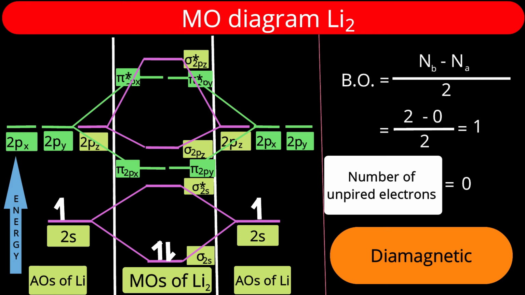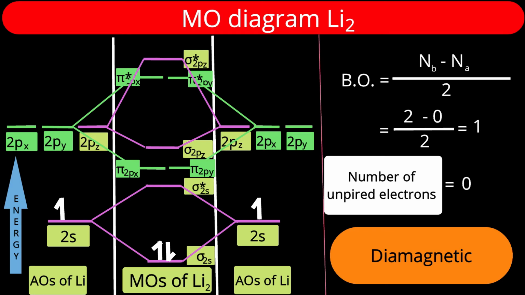So there is an exchange of wave function. It is not symmetric for the complete rotation, so it is not a sigma orbital. If not sigma, then what is the name? It is pi. Yes, the pi symmetric 2px orbital from one will interact with the 2px orbital of the other to produce pi 2px. Similarly, pi 2py will be produced, and the antibonding orbitals pi star 2px and pi star 2py.